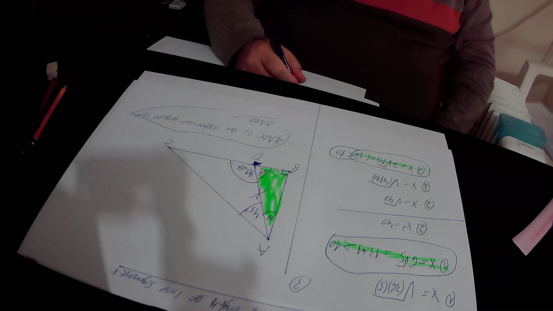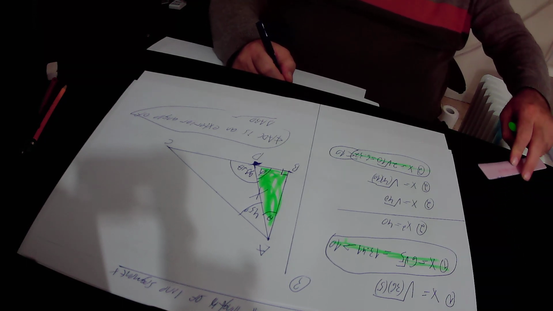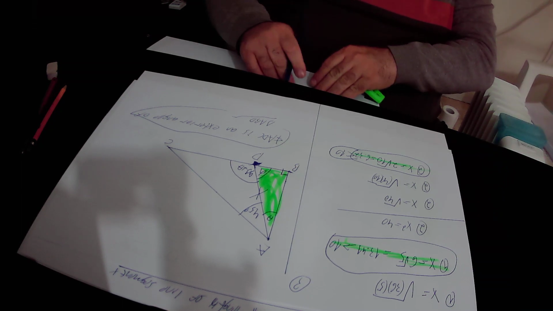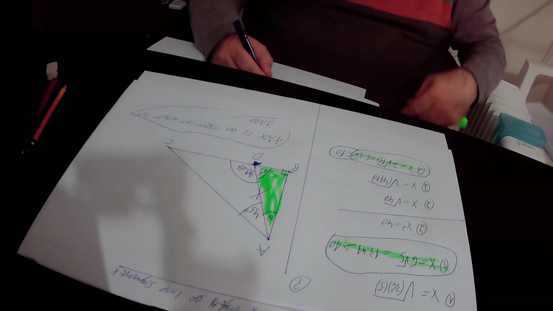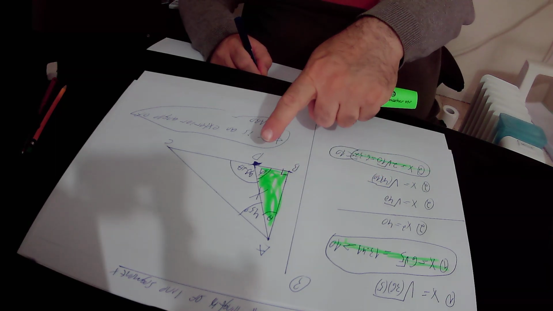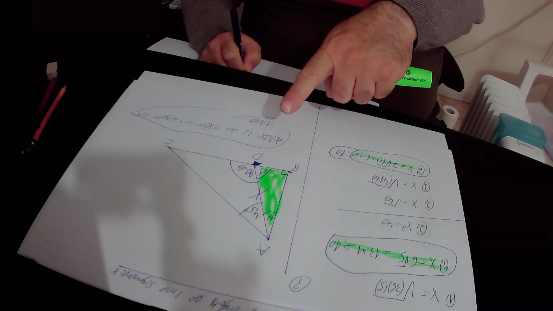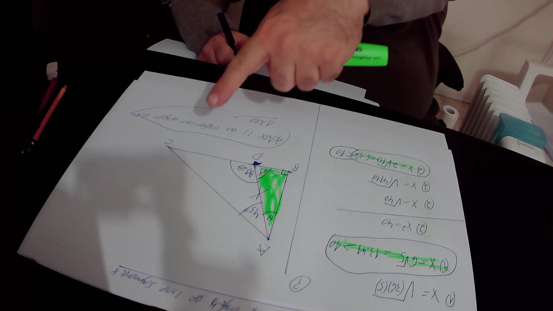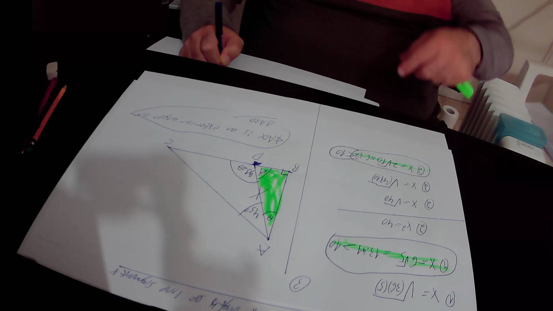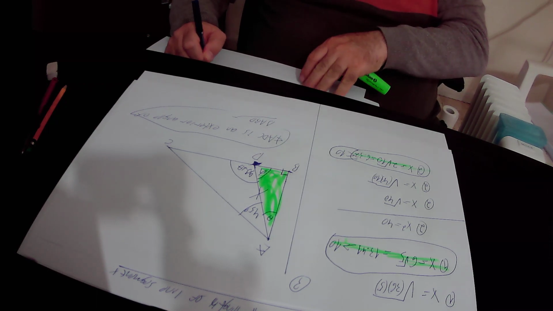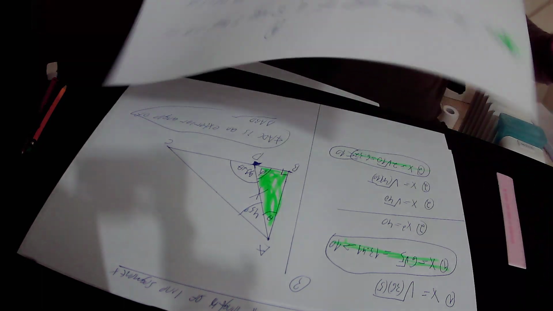Which angles do we have in triangle ADC? We have one angle that is equal to 45 degrees. The second angle is angle ADC that is equal to 90 degrees plus theta. And we have also this angle, angle ACD. In total, the sum of those three angles must be equal to 180 degrees, according to the rule that the sum of the angles in any triangle is equal to 180 degrees.